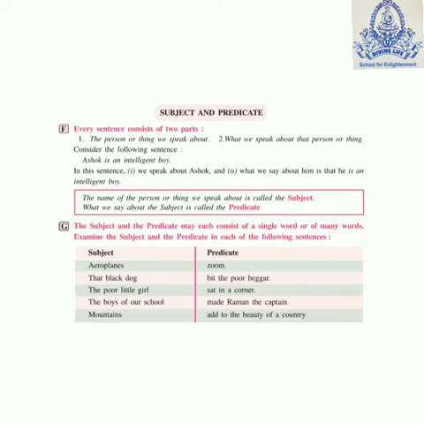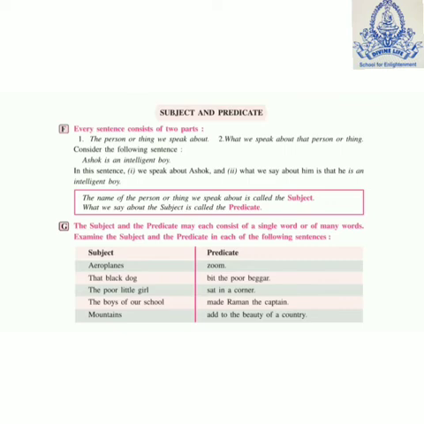That black dog is the subject because we are talking about that black dog. What did it do? It bit the poor beggar. The poor little girl sat in a corner. The poor little girl is the subject because we are talking about a poor little girl. What did she do? She sat in a corner.